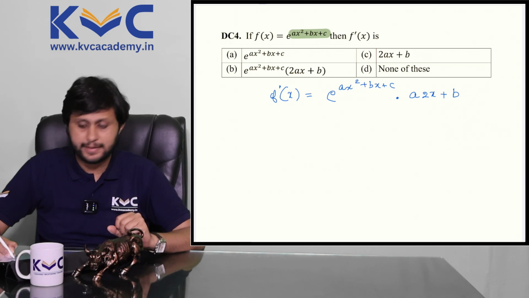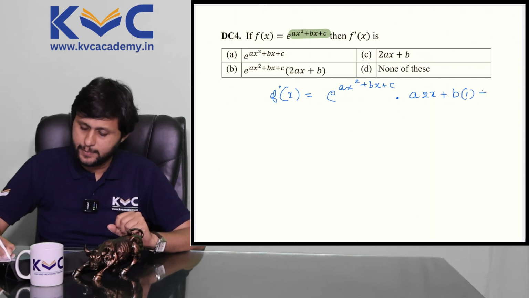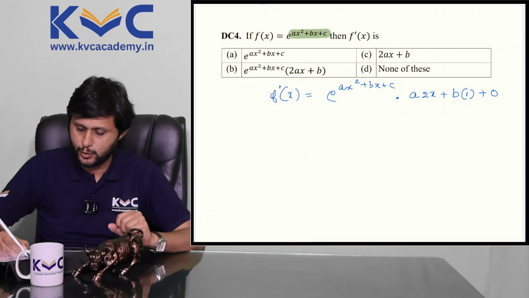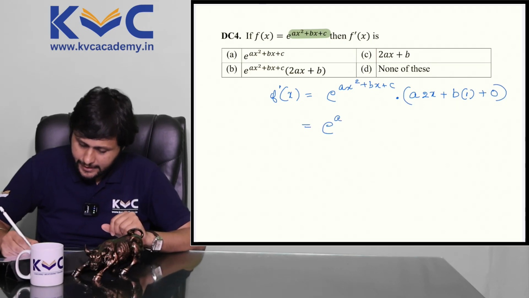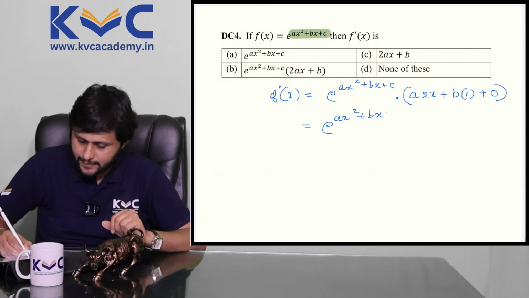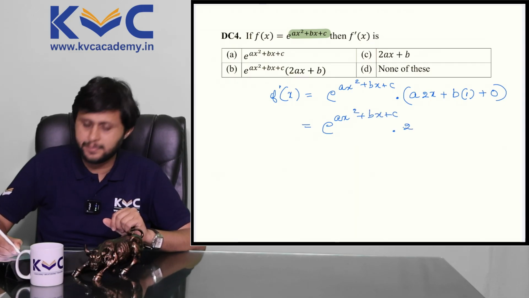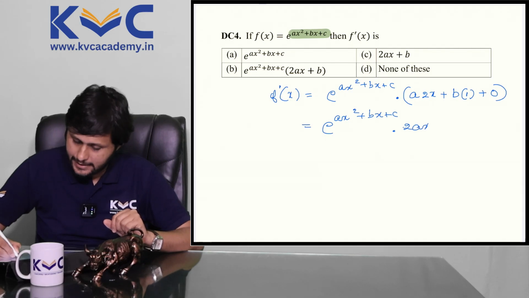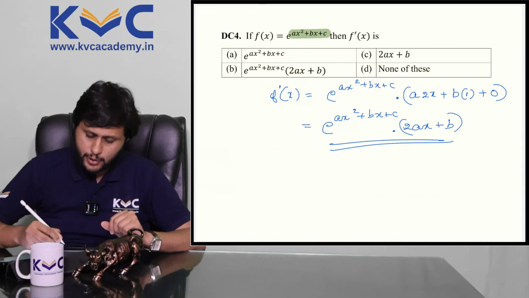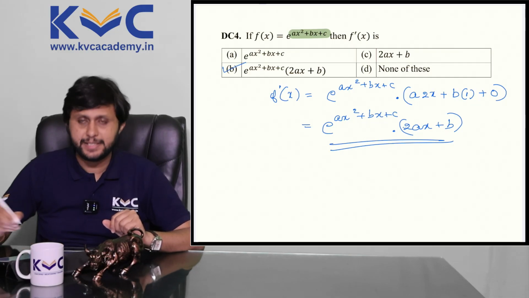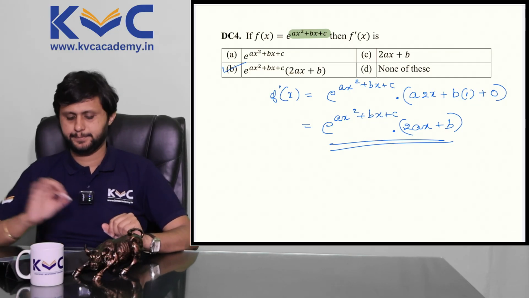Differentiation of x is 1, b into 1, plus differentiation of c is 0. Just to simplify this further, we have e to the power ax square plus bx plus c into, we'll write the number first, 2ax plus b is the final answer. Do we have that in the option? Yes, option B is the right answer.